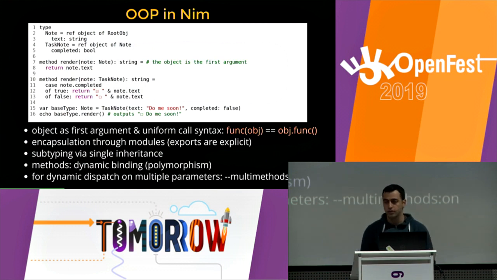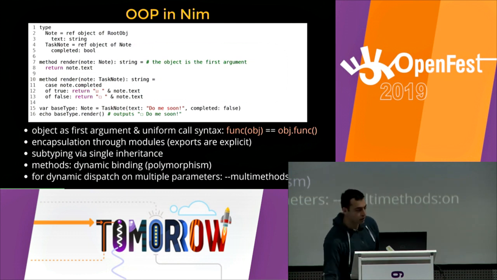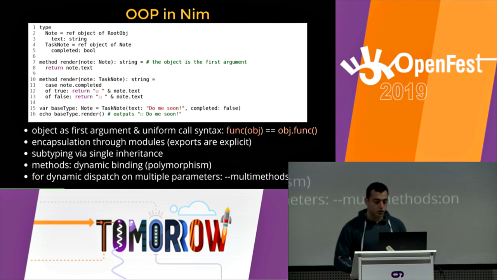So if you want encapsulation with Nim, basically you define your type along with the procedures which work on it in a module, and you export only the relevant parts outside of that module, so it can be imported and used. Also, Nim has uniform call syntax.